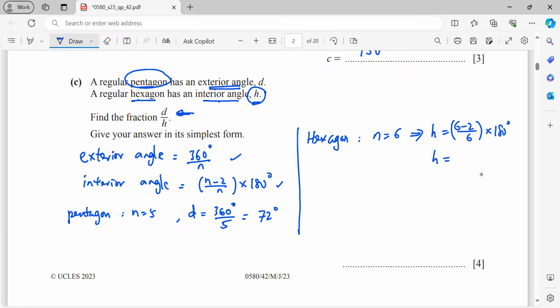Therefore, H equals 4 over 6 times 180 degrees, and at last you will get 120 degrees. So now the fraction D over H is 72 degrees divided by 120 degrees. At last you will get 3 over 5. So that's the fraction of this. Okay, so done for part c.